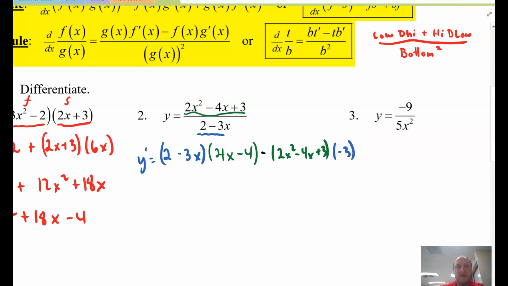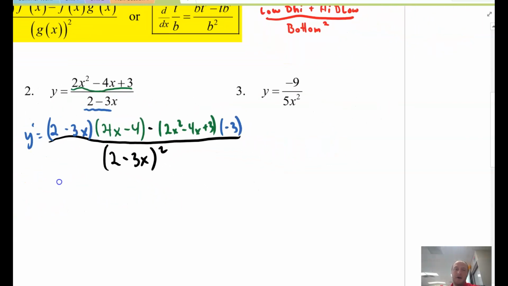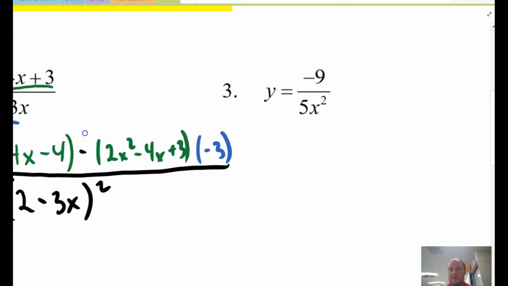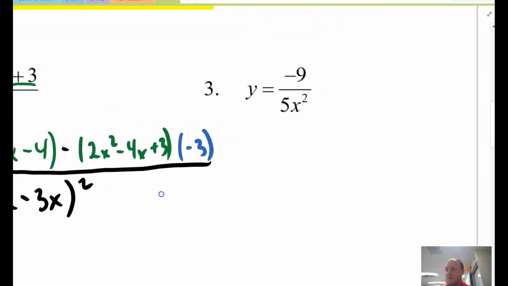And again, it's all over the bottom squared, which is 2 minus 3x, that quantity squared. For the sake of time, I'll just leave it there. I could multiply all that out, but I don't have time for that right now. So there's your derivative.